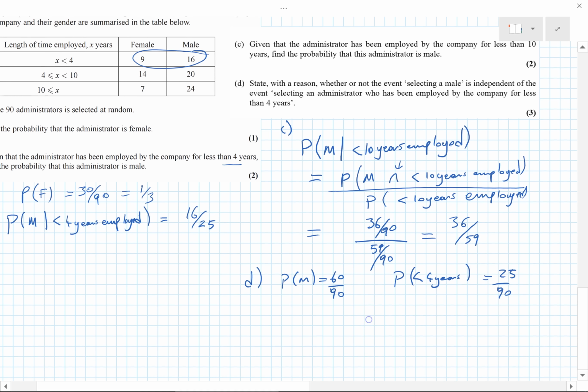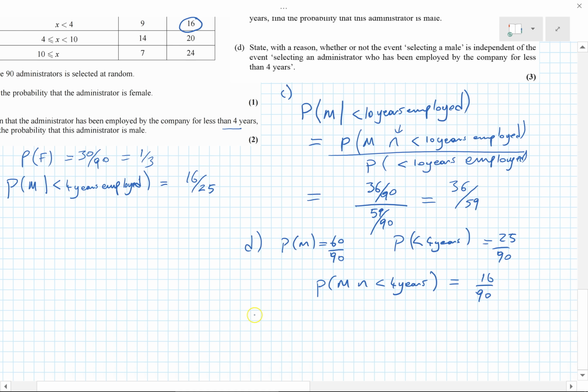The probability that they're both is equal to 16 out of 90. Now P(M) times P(less than 4 years), if we can show that these two multiplied is equal to this, then they're independent. So let's see what P(M) times P(less than 4 years) equals.